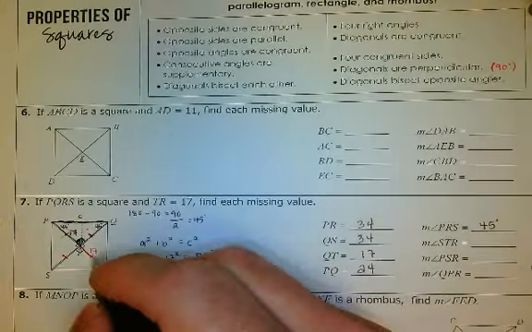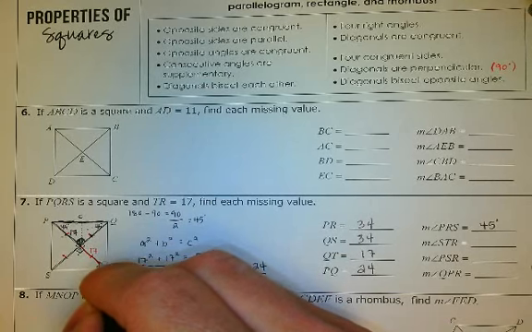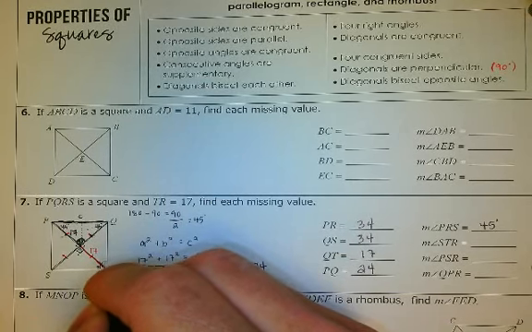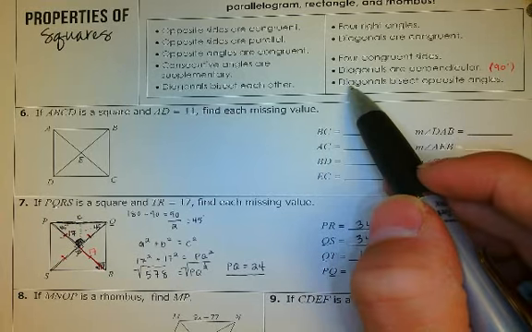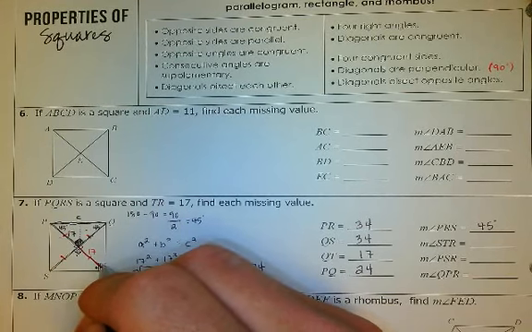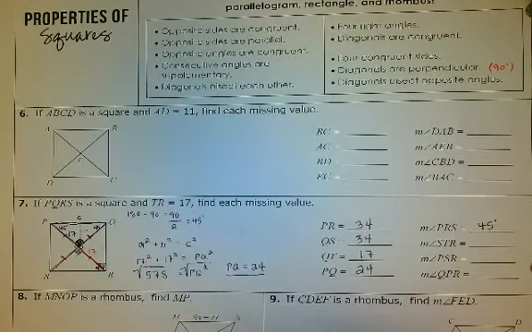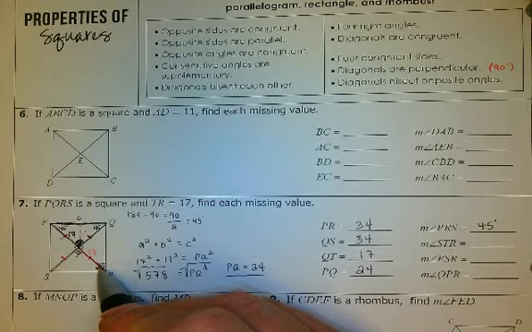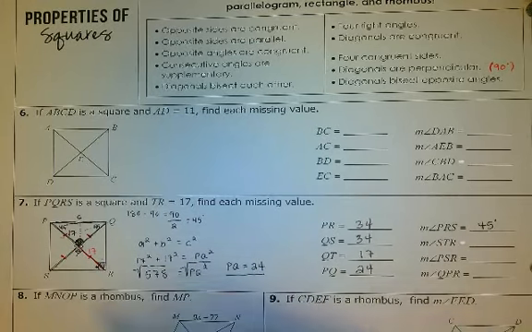So we know that this is already 90 degrees. And then, if the diagonal bisects this angle, okay, that tells me that I'm going to do 90 divided by 2. So there's multiple ways that actually prove that these are 45 degrees.